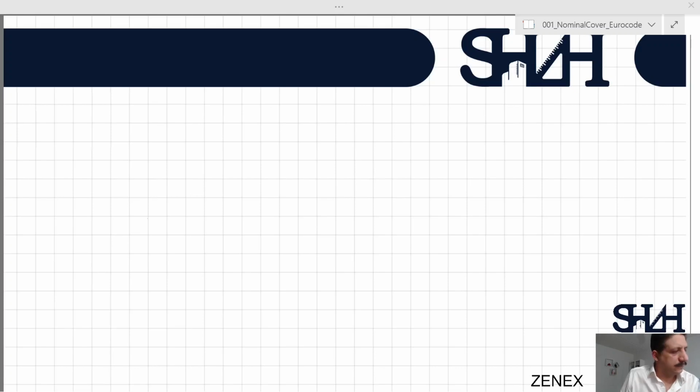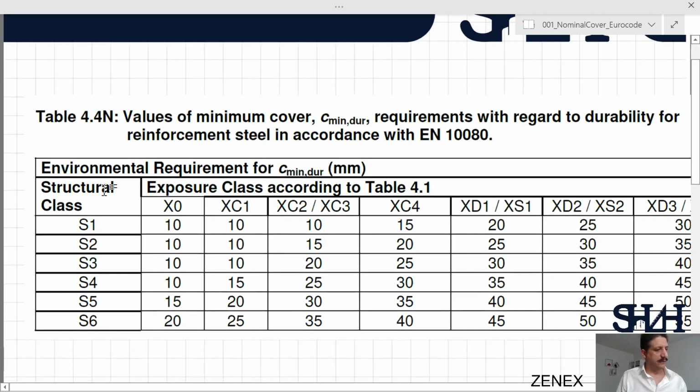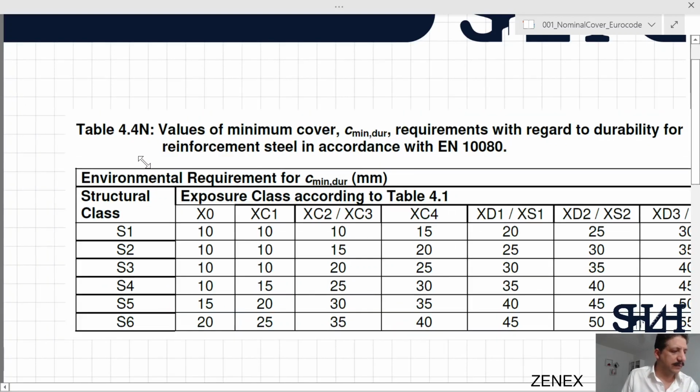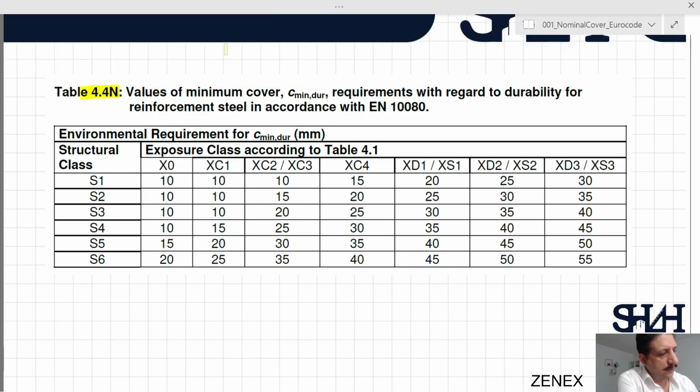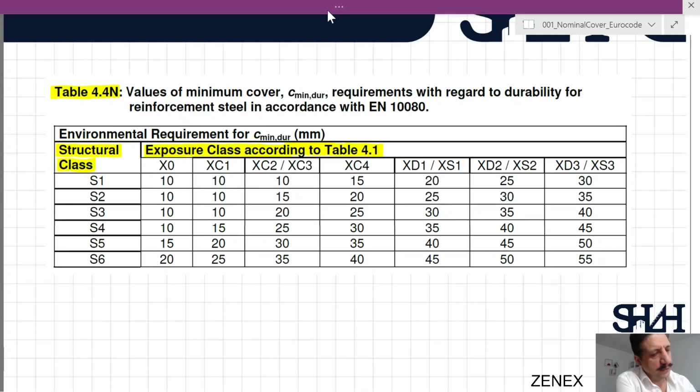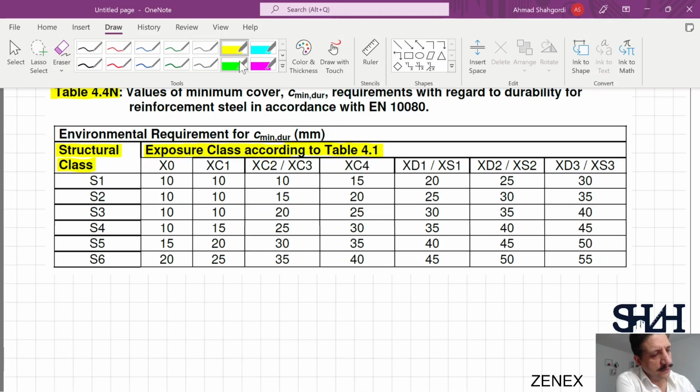That's simple. After that, we can find out what is the durability cover according to Table 4.4N. We will go through the same example. So here in Table 4.4N, according to the structural class that we have, and also the exposure class of the structure, we can find out the minimum durability cover.